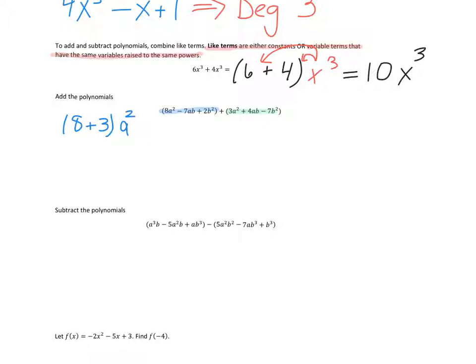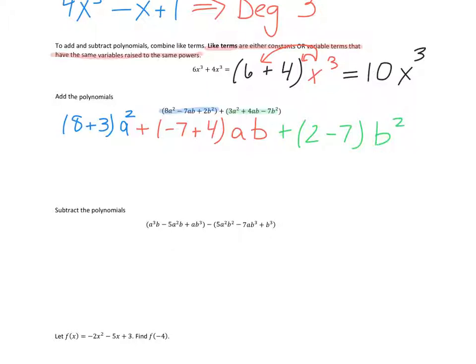And then we have the ab like term. And we're going to be adding the coefficients -7 plus 4. And then our last like term is the b squared. And we're going to be doing the operation on the coefficients. All right, so 2 plus -7.